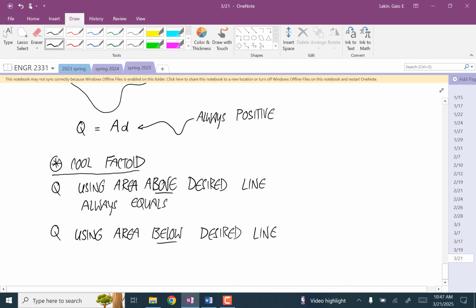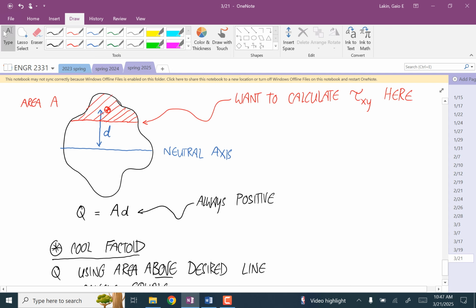That's just like one of those surprising mathematical things. So if for some reason it was easier to calculate the area, the white area, and the centroid of the white area, you can do this formula that way too.